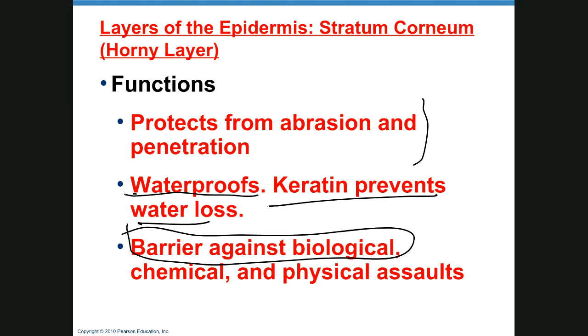Bacteria cannot metabolize keratin, so they cannot eat it. So they cannot live in deep layers in the skin. Bacteria are found on the surface, but they're not found living in deeper layers because they cannot eat keratin. Fungus, however, can. So sometimes the skin does get infected with fungus. But in general, that doesn't happen. The keratin is still a very good barrier. It's also protective against chemicals and physical assault.